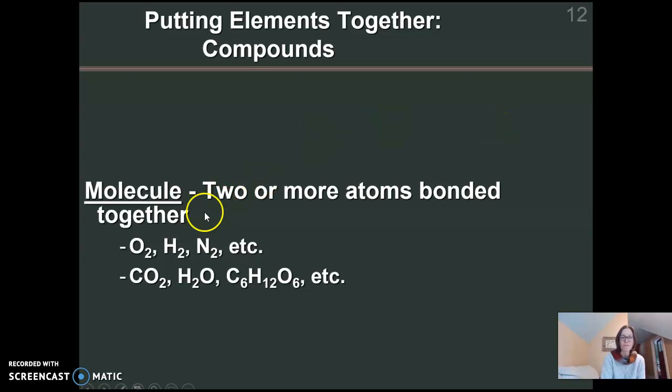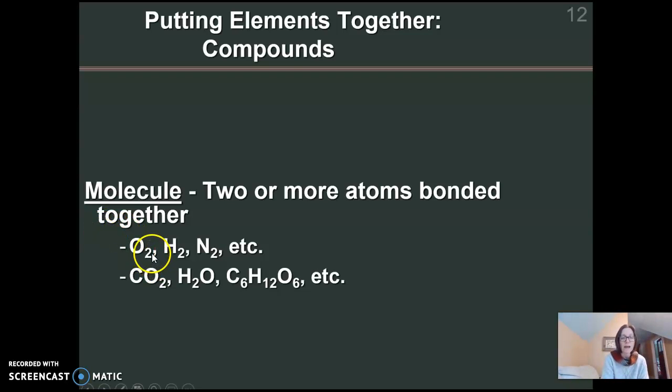So we have some molecules that have the same atoms, the same elements in them. So O2, this is a molecule that's made of oxygen. I know from the periodic table that O is the atomic symbol for oxygen. This little 2 that hangs off the end of it, we're not talking about what's in the periodic table box anymore. We're outside of the box.